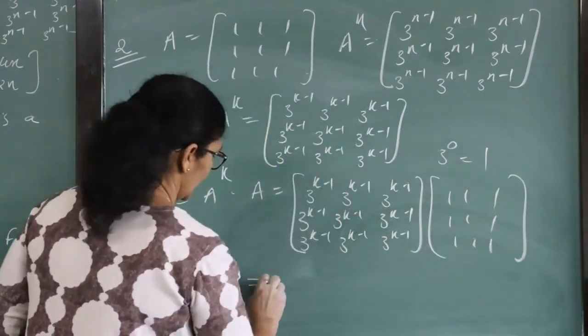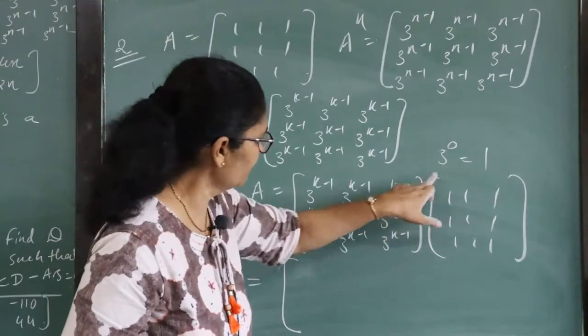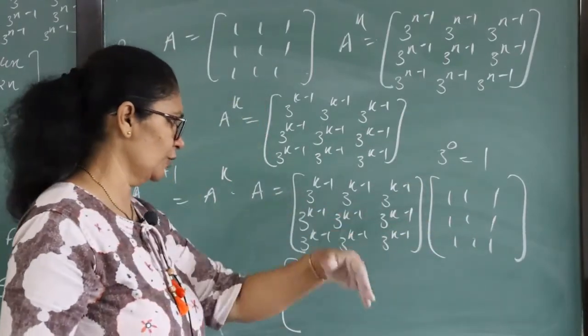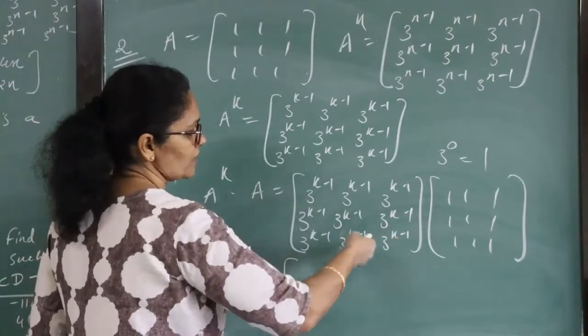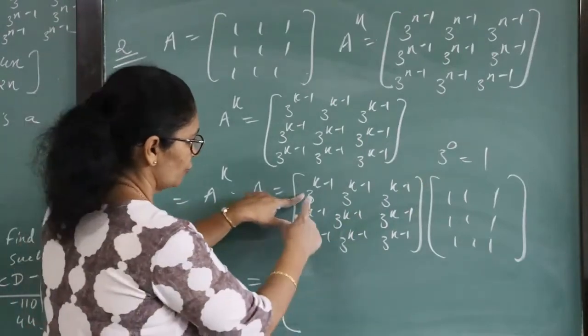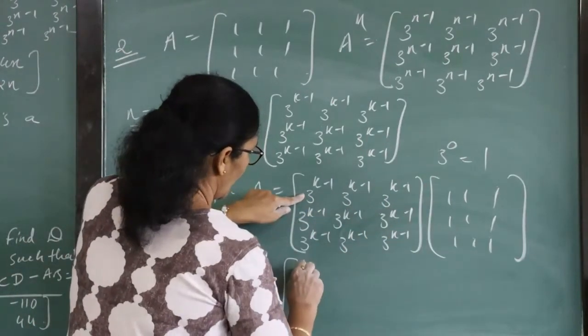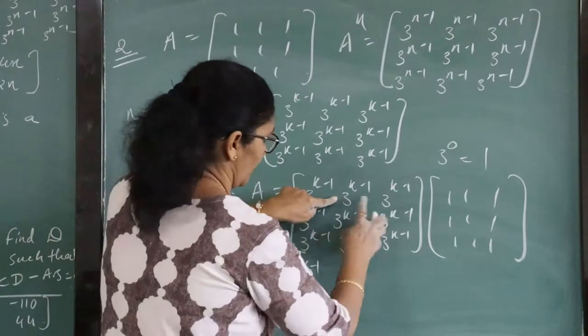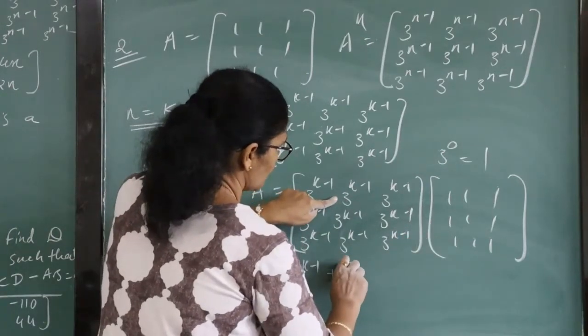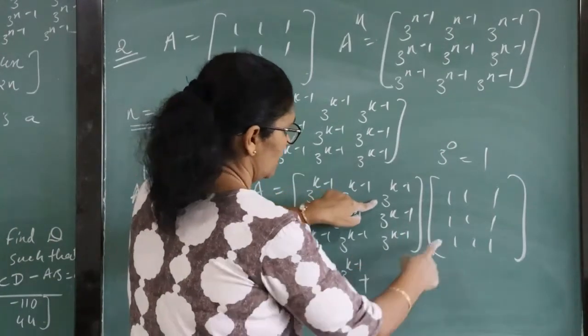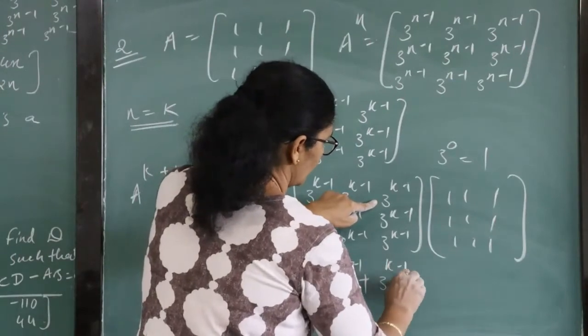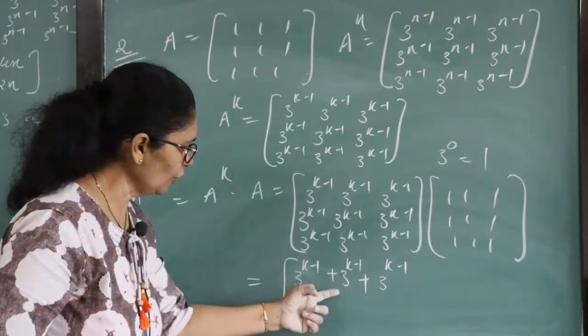Now simple multiplication. I just multiply first with first only, so definitely we get all the terms same because all rows are same in both matrix. 3 raised to k minus 1 into 1, plus 3 raised to k minus 1, plus 3 raised to k minus 1. What I get? 1, 2, 3 times.